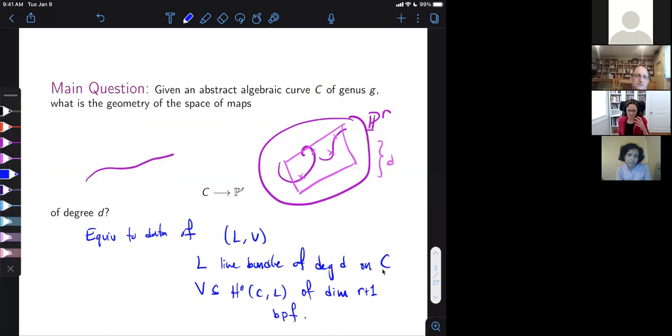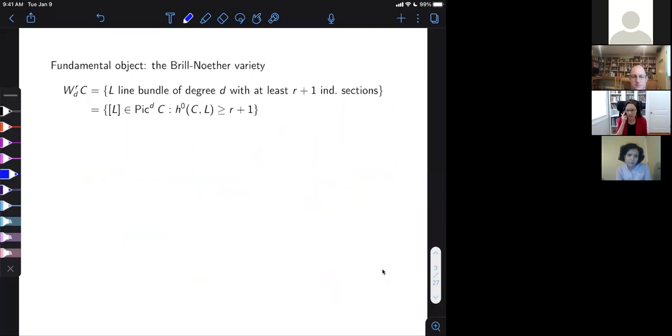So if we want to understand this moduli space and its geometry, it's very natural to understand the moduli space of line bundles of degree d on a genus g curve that could admit such a subspace V. So they do have at least r plus 1 independent sections. And that is the Brill-Noether variety that I'm going to be talking about for most of this talk.